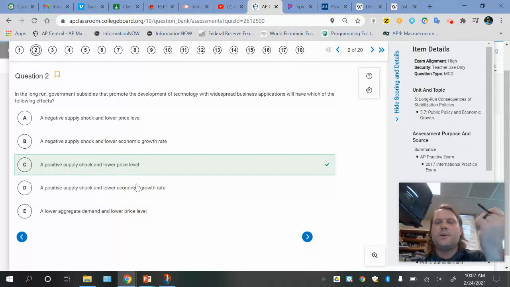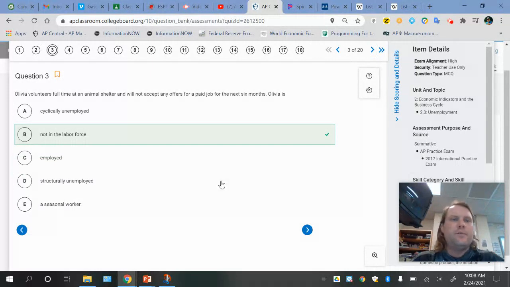Remember, a negative supply shock is going to move us the other way in the case of higher costs of production. But we want to be able to say right here, C is the best option. So it's a supply shifter, subsidies, supply shifter, positive supply shock. When we shift our supply to the right, we have actually a higher economic growth rate. So that part D is not the answer.